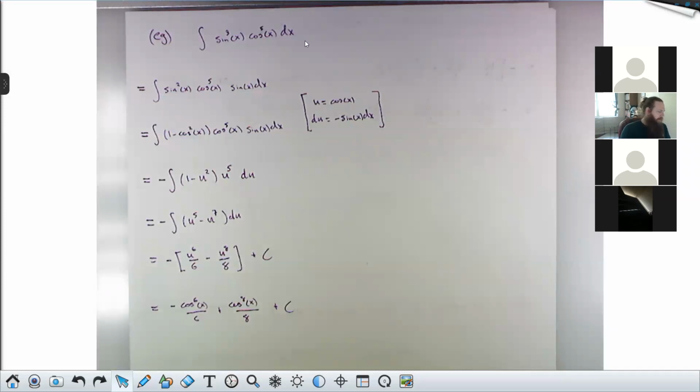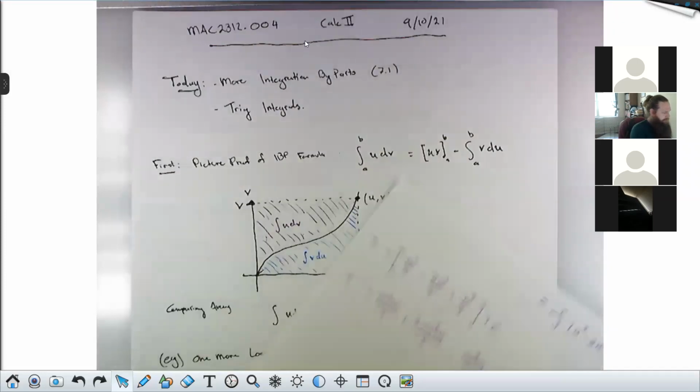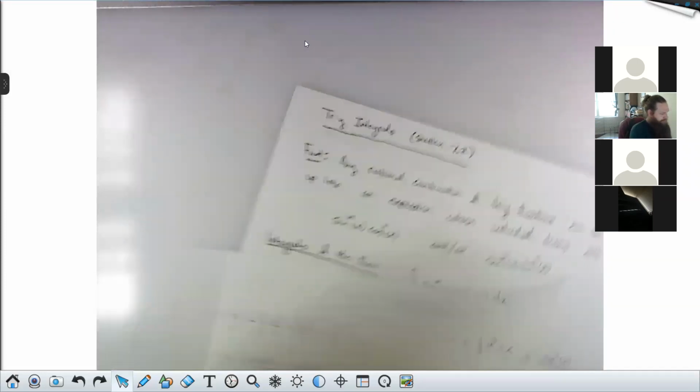All right. What if neither power is odd? If you're looking at a sine cosine integral where neither power is odd, that means both powers are even. The simplest case of these is just sine squared or cos squared on their own.